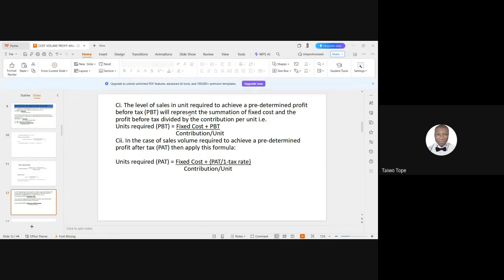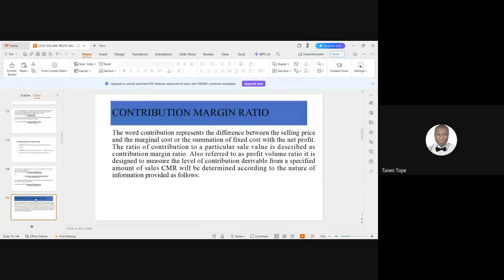This is after tax now. The formula is fixed cost plus profit after tax divided by 1 minus tax rate, divided by contribution per unit, where you are asked to do that in a question.